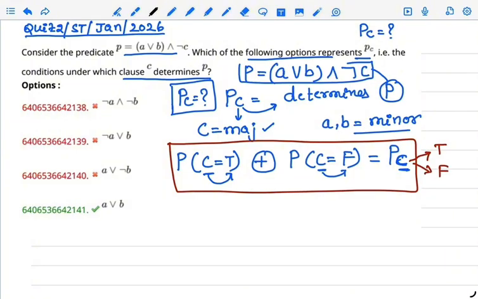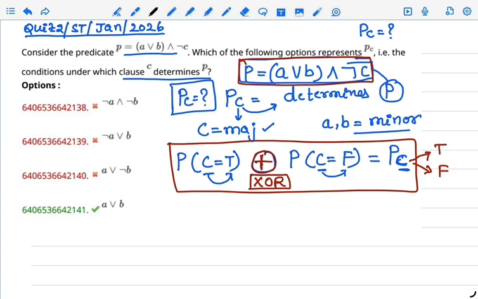This is the predicate, right? So in the predicate you replace C with true and C with false, and do the XOR operation.